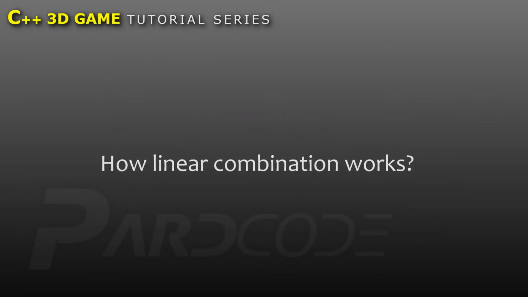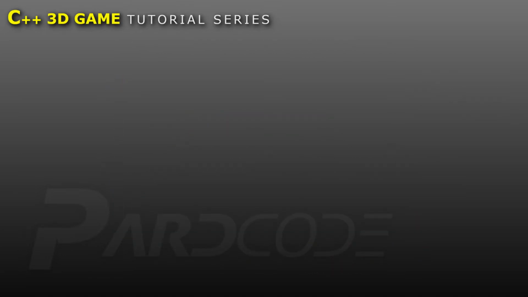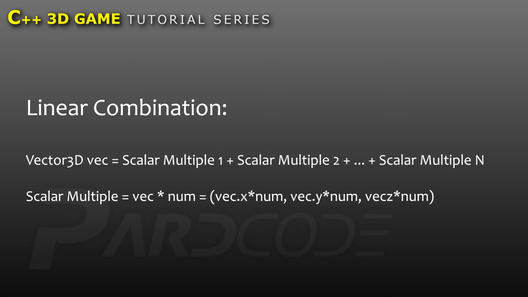Let's see how linear combination works. If one vector is equal to the sum of scalar multiples of other vectors, it is said to be a linear combination of the other vectors. A vector is said scalar multiple if all its elements are multiplied by the same number.